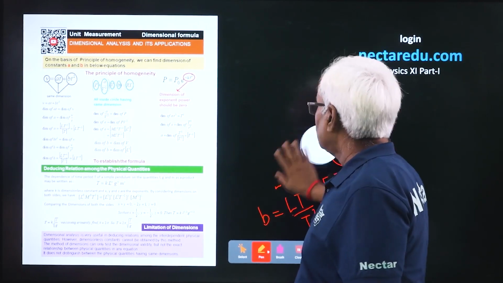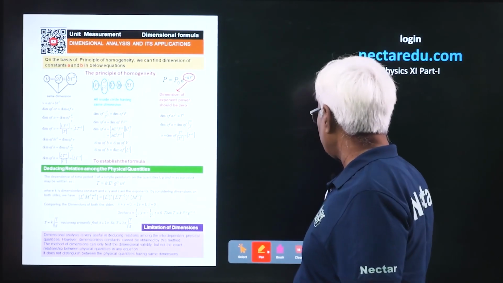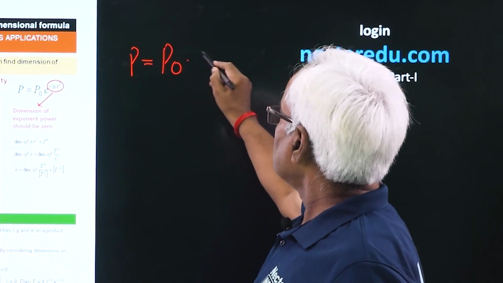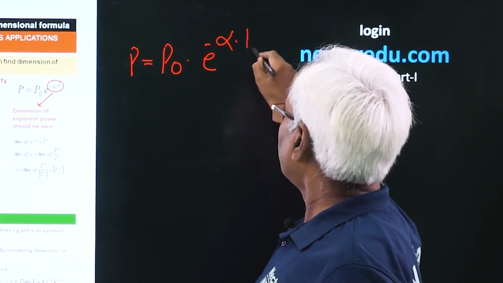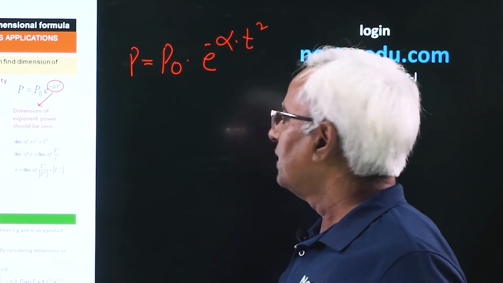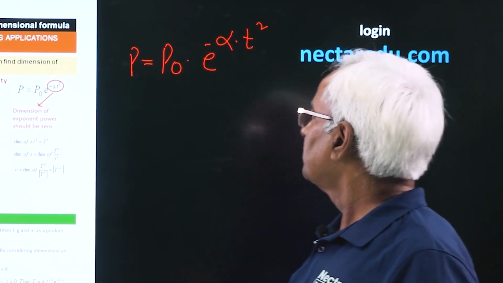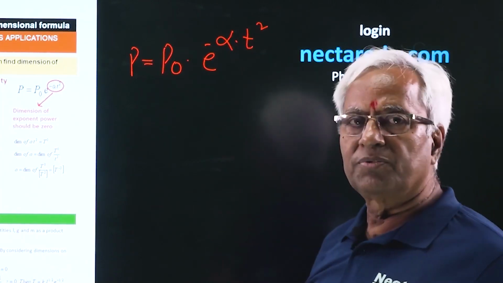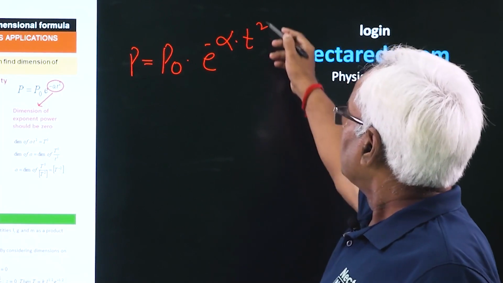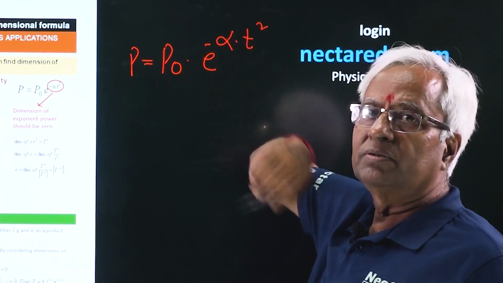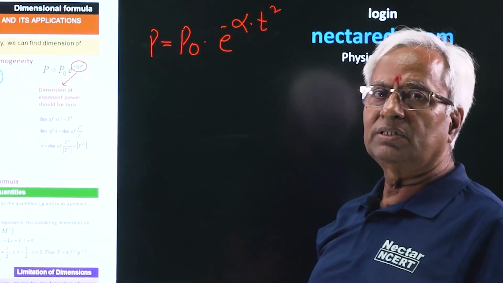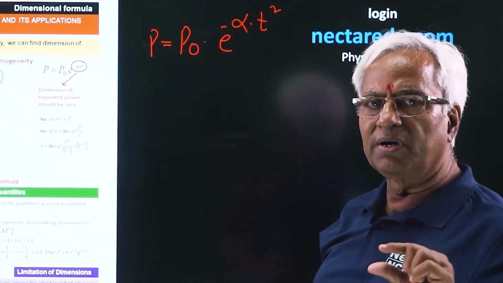Similarly, the third relation that we have is P equals P naught e to the power minus alpha t square. Terms are usual: P is pressure, t is time, and alpha we have to find. You see, this is a power, an exponent. For a power, it is allowed to be a number only.